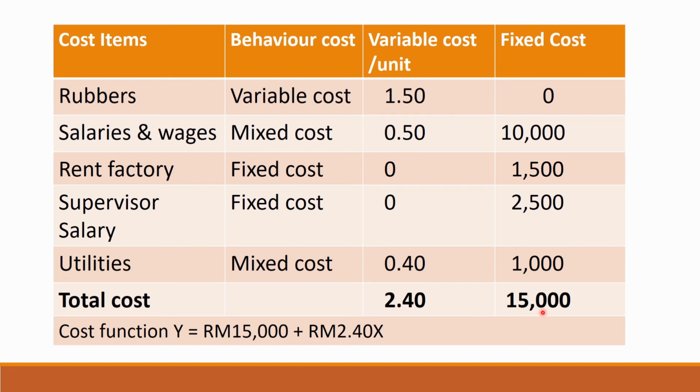And total fixed cost: 10,000 plus 1,500 plus 2,500 plus 1,000. Then you get 15,000. So the total cost function, y, this is total cost, equals 15,000 from this amount plus RM2.40x.